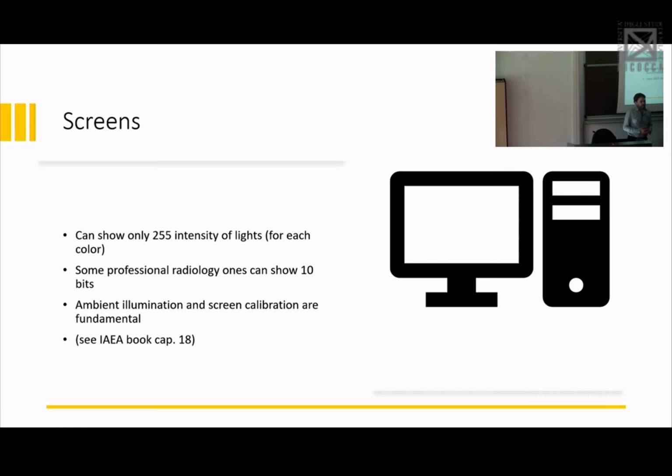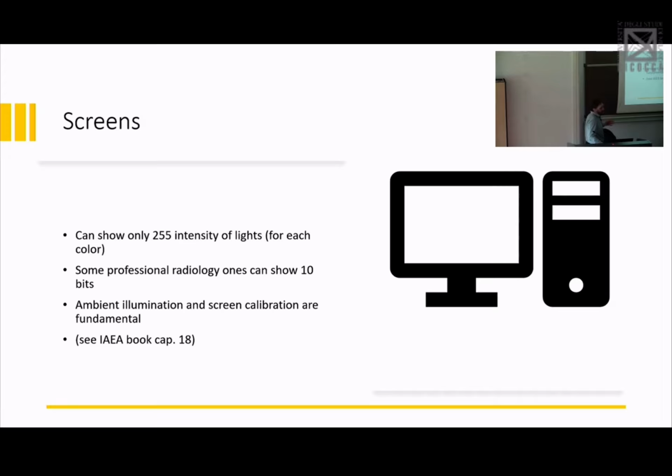But this means we don't have that much dynamic range, because the dynamic range of a radiology image can be much more than 255. So we need a very good monitor. Ambient illumination is fundamental. You cannot work with bright daylight around. You cannot work with reflections on the screen. The screens need to be calibrated because their response needs to be linear, which is not trivial.